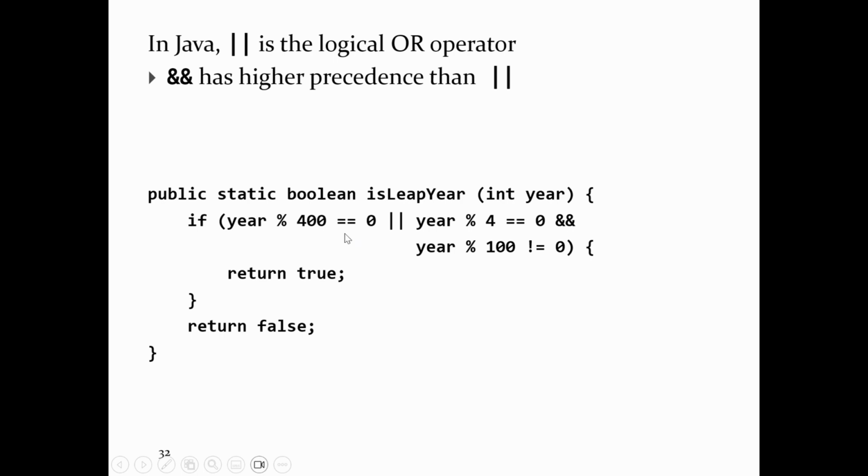If your year is not divisible by 400, then it still might be a leap year. It's a leap year if it's divisible by 4. So year divided by 4, compute the remainder, if that's 0, and it's also not divisible by 100. So for example, the year 2100 is not a leap year. It's not divisible by 400. It is divisible by 4, but it is also divisible by 100.